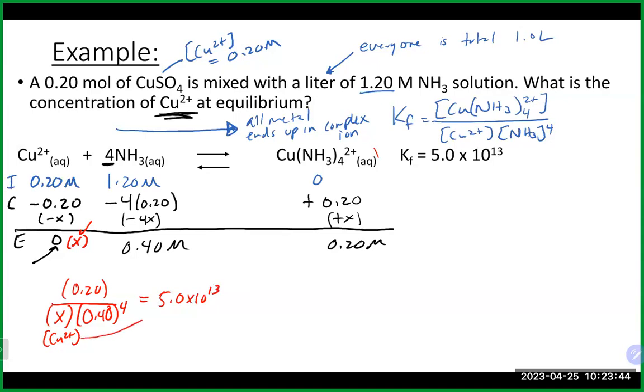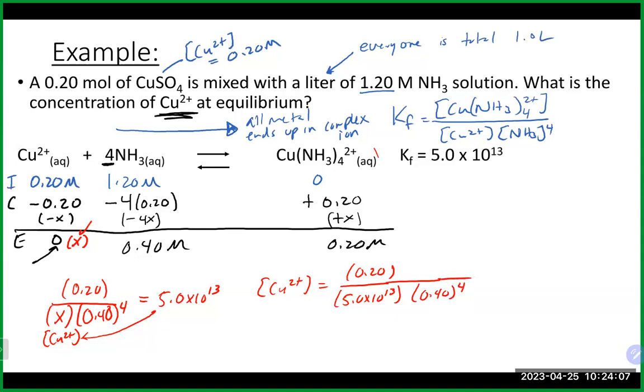We're going to solve for the copper concentration by basically swapping places with those two, and that would give us that the copper concentration would equal 0.2 divided by 5 times 10 to the 13 divided by 0.4 to the fourth.